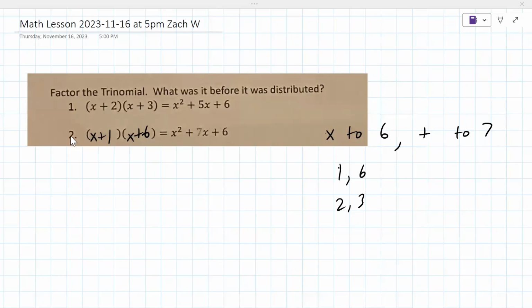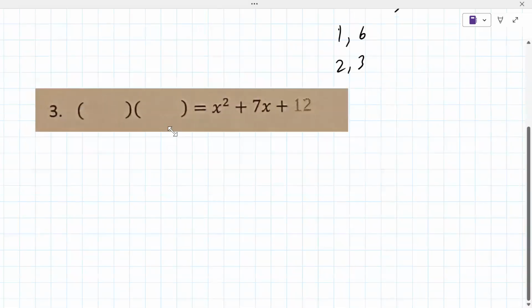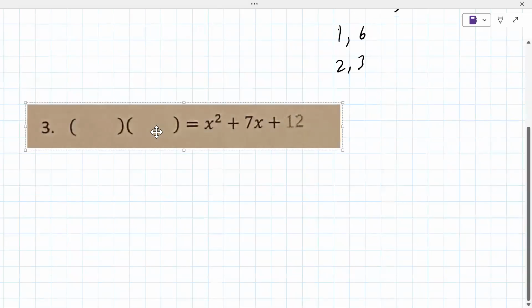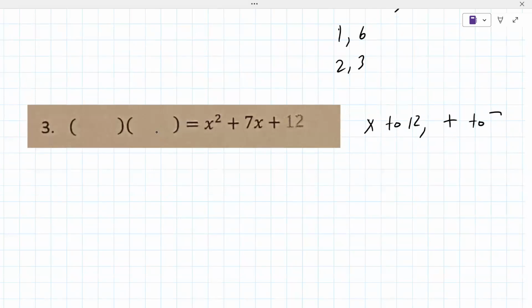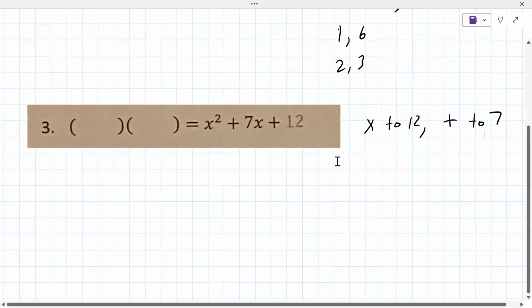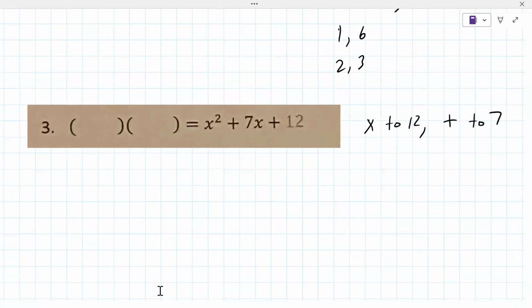So for number 3, it's the same idea here. Two numbers that multiply to 12, but add to 7. And you've got to focus on the multiplication first. 3 and 4.